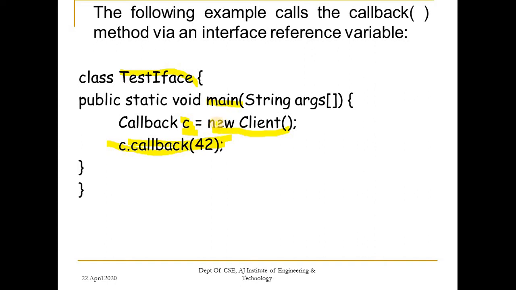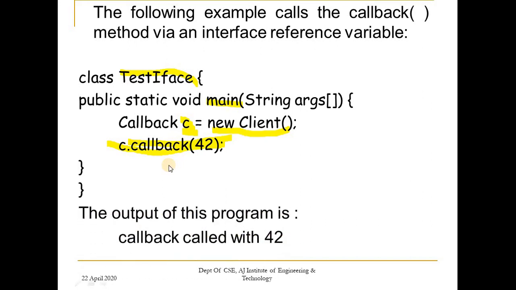Now the object of the Client class that implemented the interface, you can represent it by the interface variable c. So the output of this program will be "callback called with 42". We have seen this callback method. It will take that p as a parameter, so the value in p will be 42.